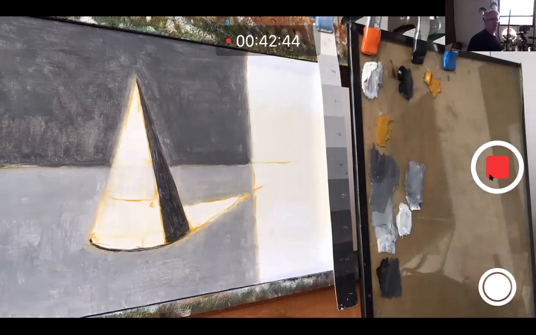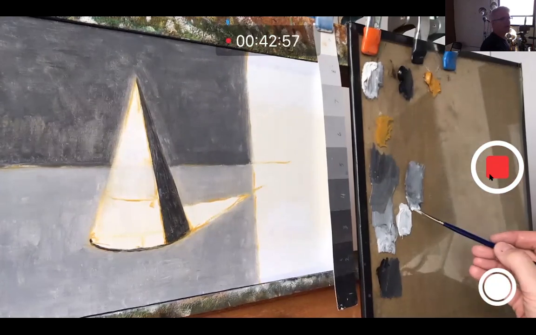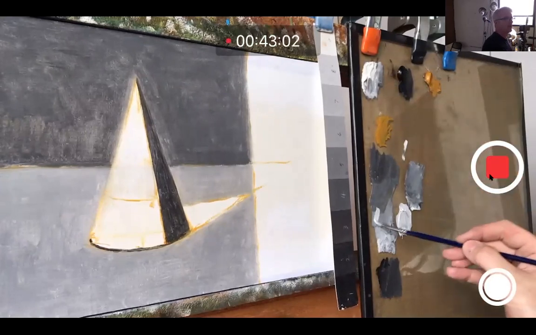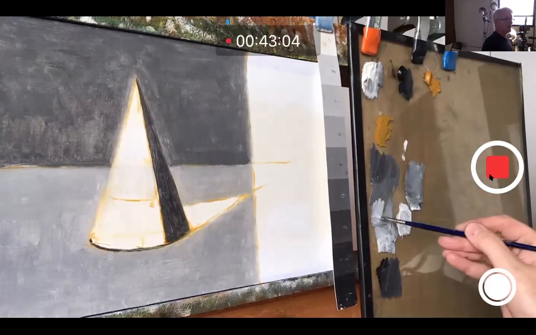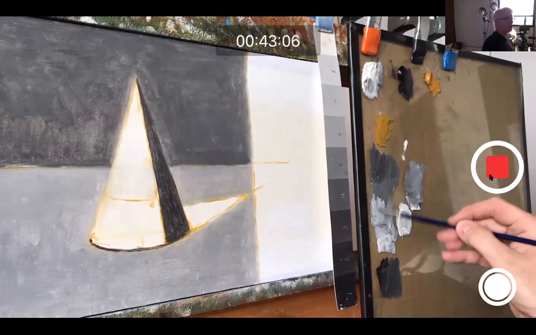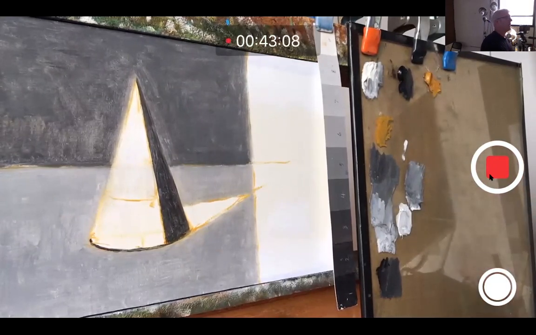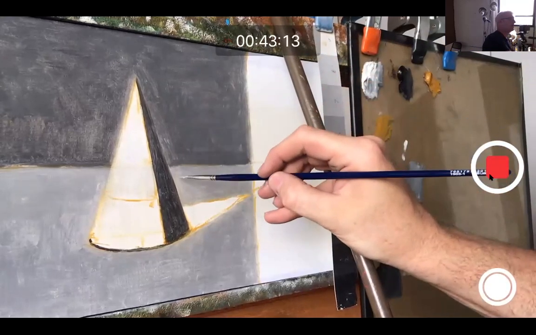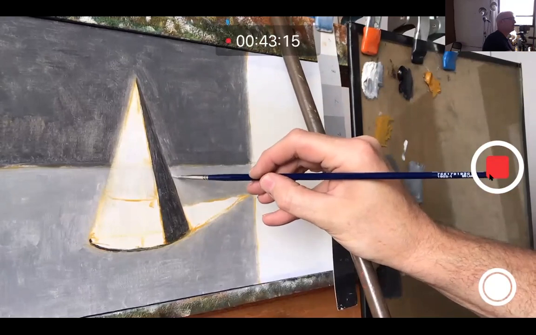Now, something I'm looking at is, after I've laid down that shadow pattern, that shadow value, I should say, I'm just asking myself, is it the right value compared to the values next to it? So is the value of the shadow mass the right value compared to the value of the wall behind it and the surface of the table?